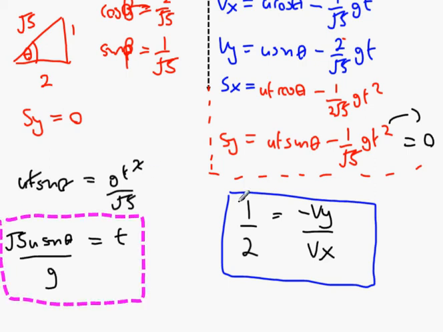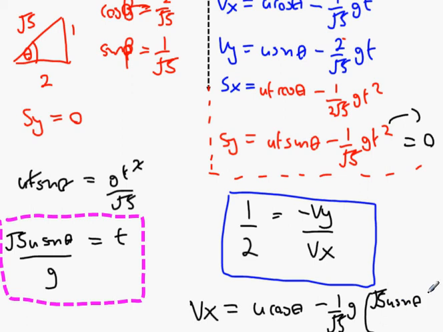So phi x is going to be u cos theta minus 1 over root 5 g multiplied by the time, which is root 5 u sine theta all over g.